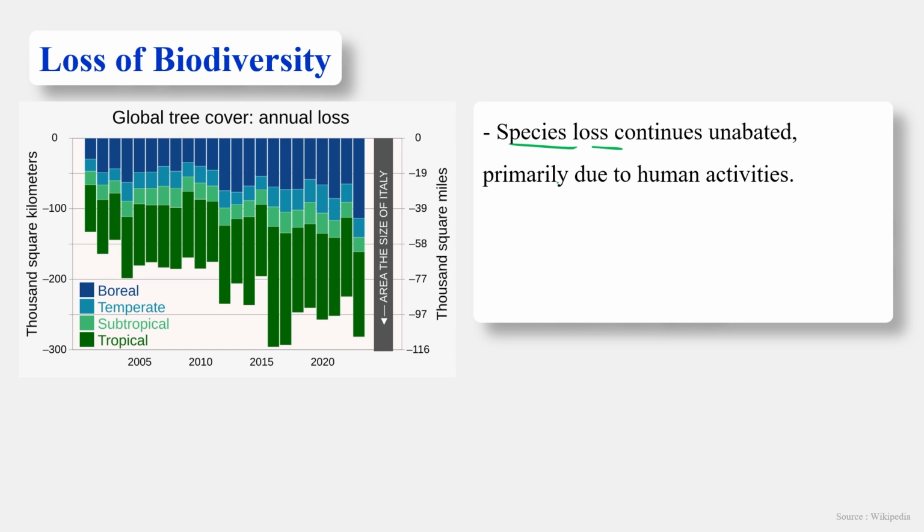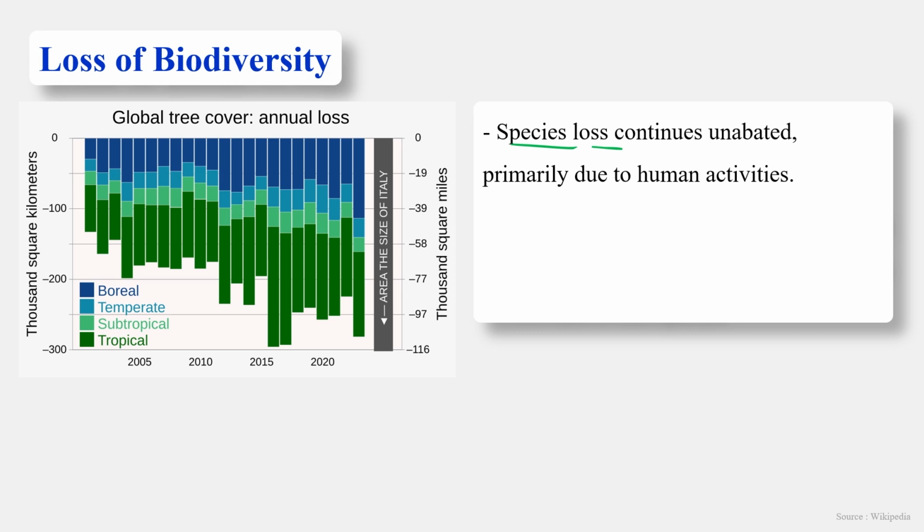Humans continuously cut down the plants, and deforestation occurs in a very fast way. Because humans need agriculture land, and land for industries and other development purposes, species continuously get lost.